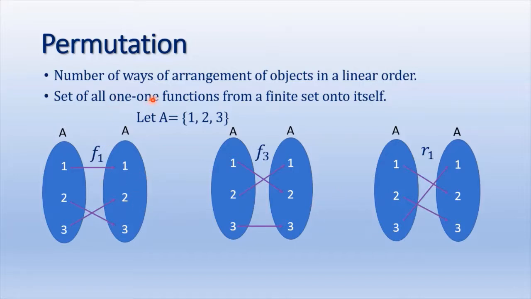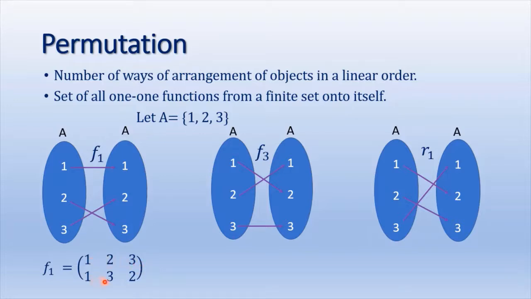But for permutation, we will write it in this form. So in this form, the permutation f1 or the function f1 maps the elements in the first row to the elements in the second row. So in the first row, you write all the elements of the set A.